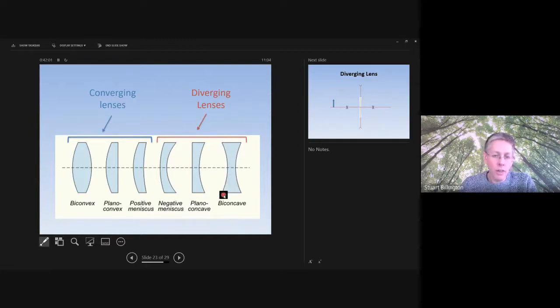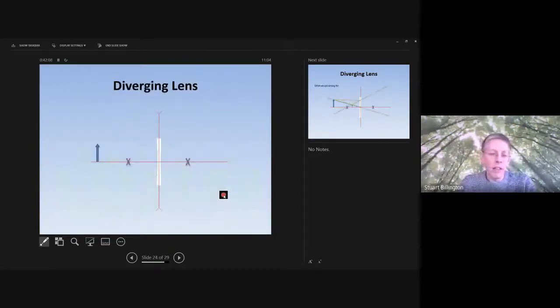And so rather than bending the light to a point, the rays of light are going to be spread away instead. The way that the refraction works means that when the light bends away from the normal, it bends, in this case, upwards rather than downwards. So we're going to aim to draw some diverging ray diagrams now.